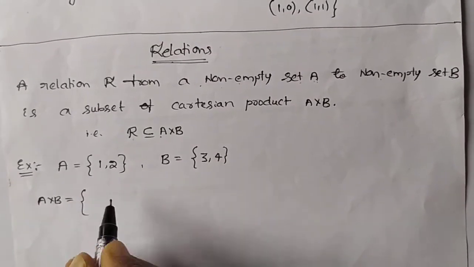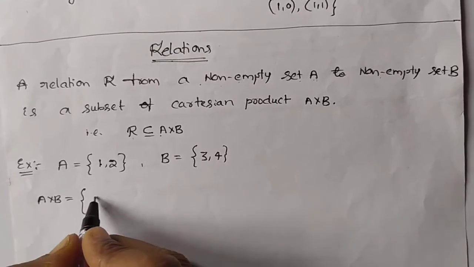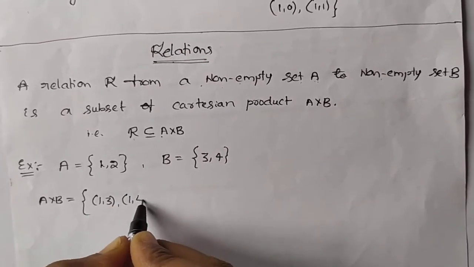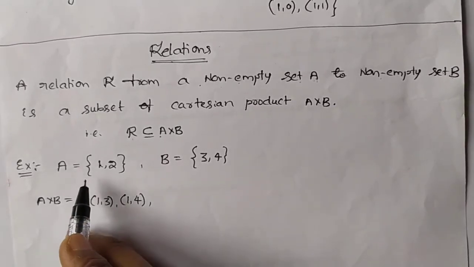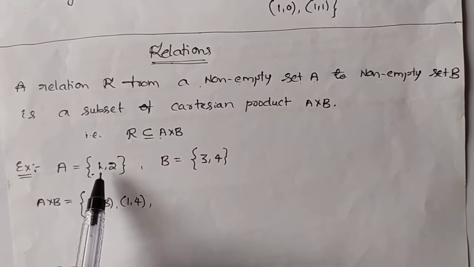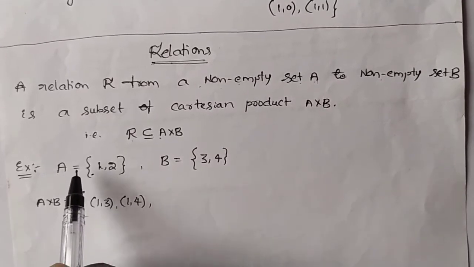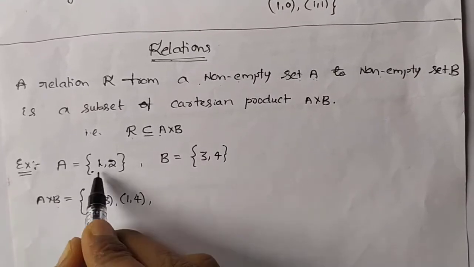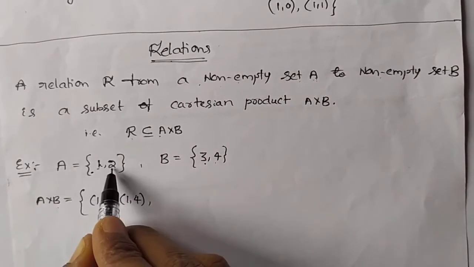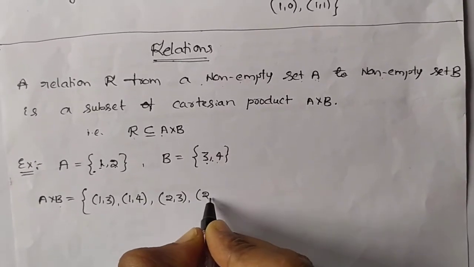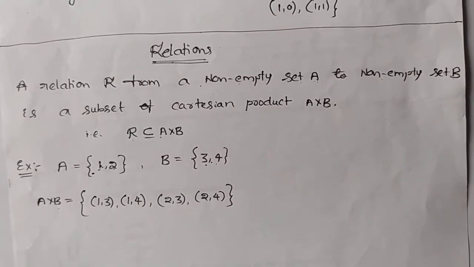A cross B is (1,3), (1,4), (2,3), (2,4). Finding the Cartesian product of two sets we have already learned in our previous classes. This is A cross B.